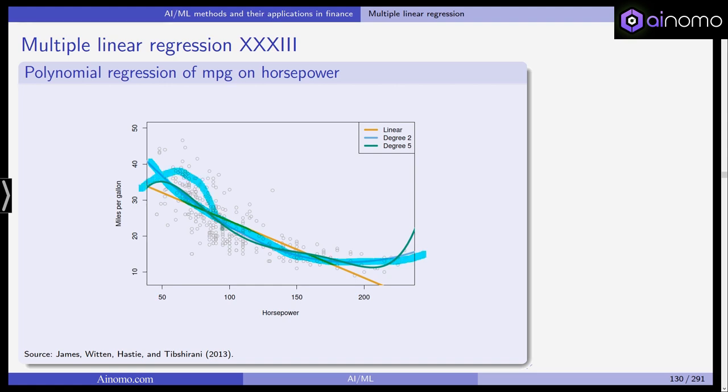You don't need something that is wiggly like the green one. So including horsepower squared is sufficient to explain the data. You don't need a polynomial term of degree 5. So overfitting is the case here with the green line, but also the linear model underfits the data, which is quite clear. So it's okay, but a polynomial regression is much better suited and gets a better fit.